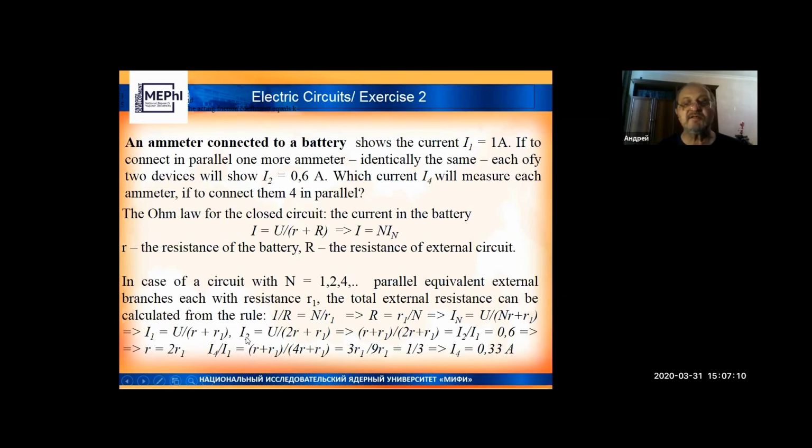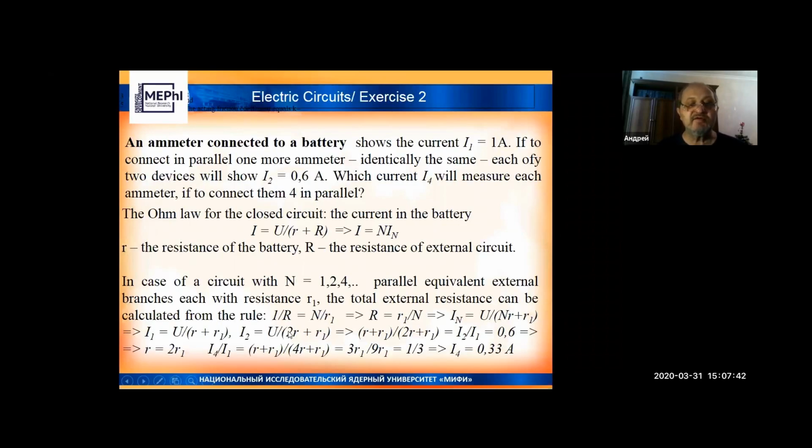The current through each ammeter in the case when we are using 2 ammeters will be equal to voltage divided by r plus R1 over 2, that is, doubled internal battery resistance plus R1. Now the current through the system of 4 parallel ammeters will be expressed by the same kind of expression, only instead of 2, I should put here 4.